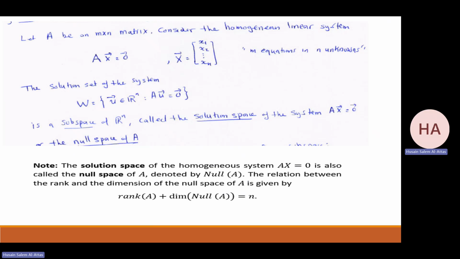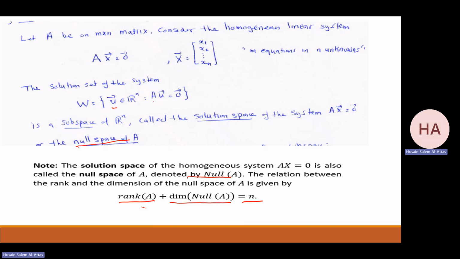This is the way they define the null space: all vectors in Rn such that A times that vector is equal to 0. They call it the null space. As we said, the solution space is called the null space. The relation is this: rank of A plus dimension of null of A equals n.